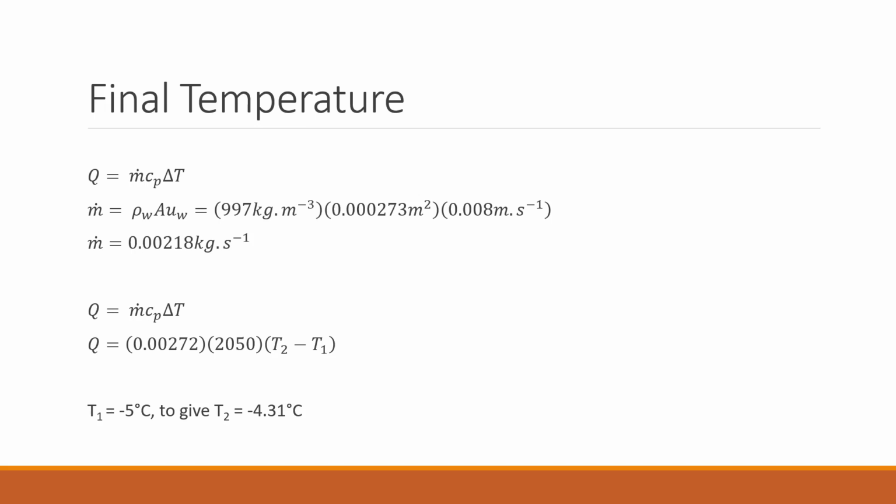So the mass transfer rate was found to be 0.00218 kilograms per second. Now that we know the mass transfer rate, the heat flux, and the specific heat capacity, we can find the final temperature of the water, which is minus 4.31 degrees Celsius, which is obviously too low as water freezes at 0 degrees, so we need to use a different depth.